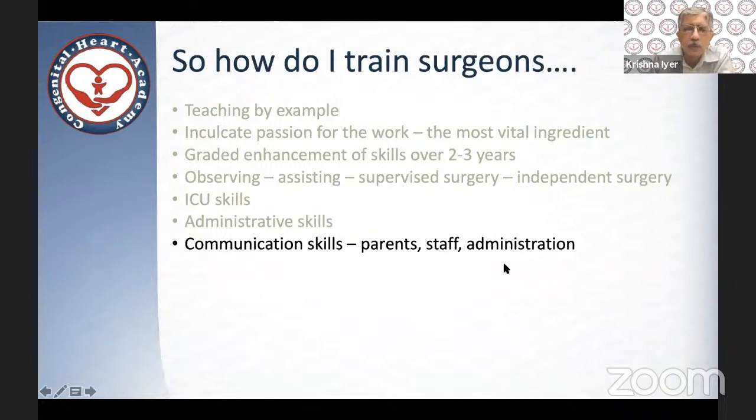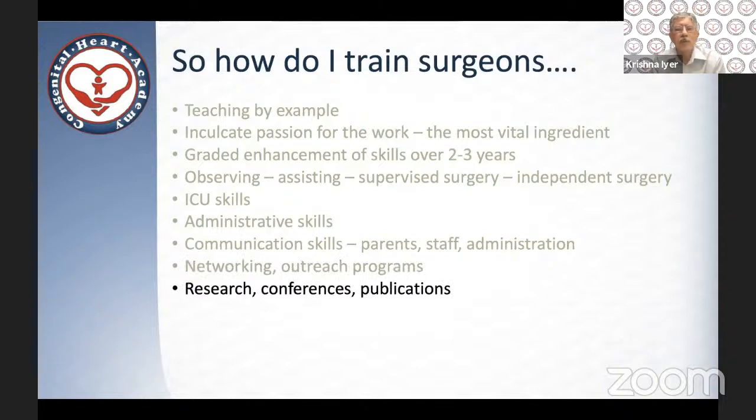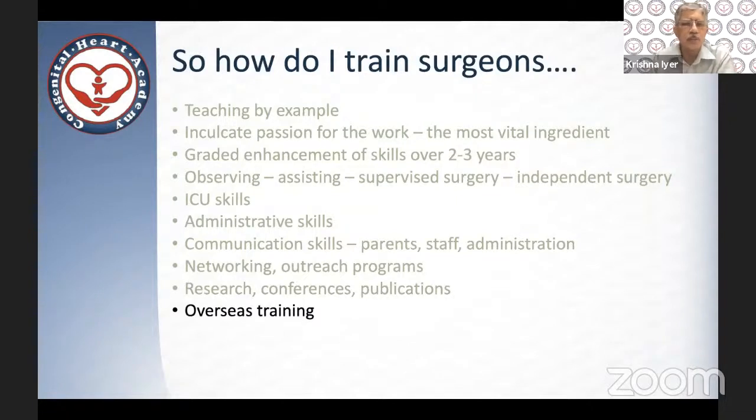Because if you're working in a private or a corporate setup, one needs to learn corporate language. It's important for them to network, have contacts within the country, outside the country. They also need to conduct outreach programs so that patients can be reached well beyond their own centers of practice. They also need to learn research, attend conferences, and take part in publications.